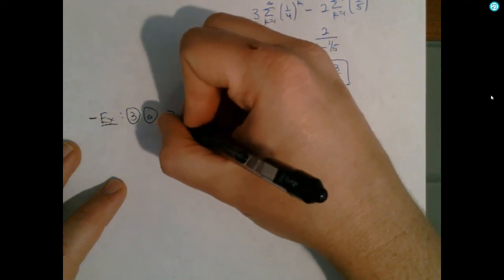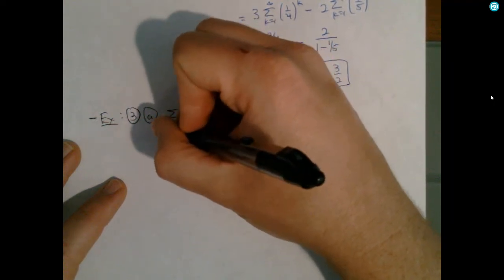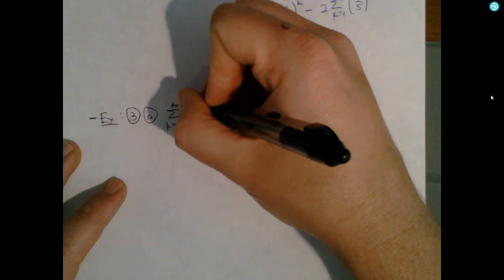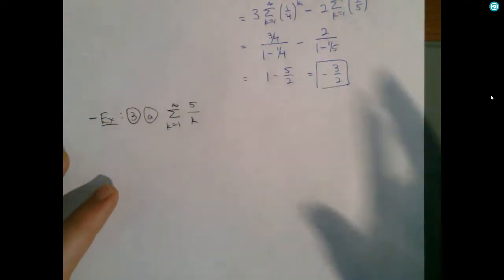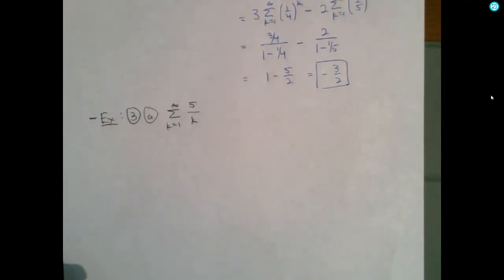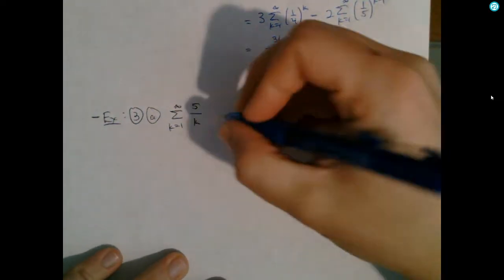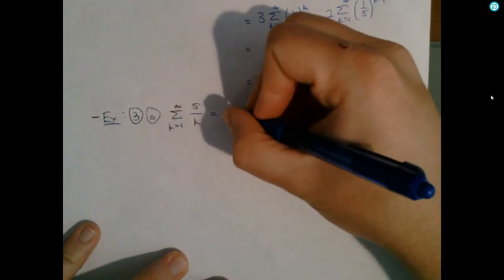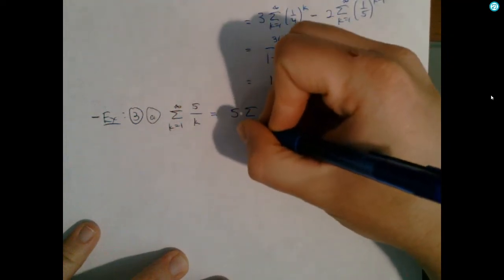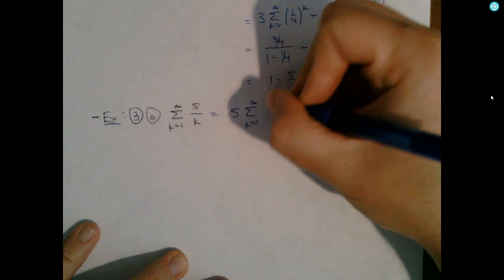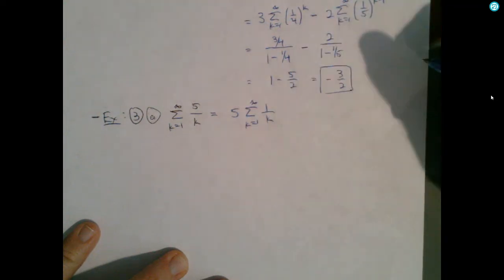So we've got the sum from k equals 1 to infinity of 5 over k. Okay, well, this is going to be 5 times the sum from k equals 1 to infinity of 1 over k.